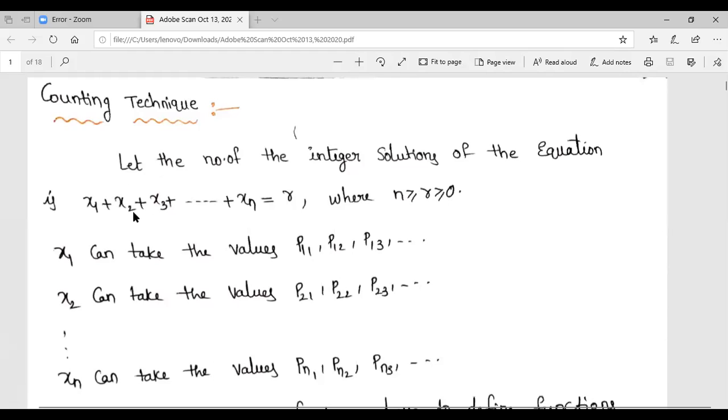Constraint means conditions. So x1 can take integer values based on the given constraints, x2 also can take integer values based on the given constraints, and so on. xn can take the values pn1, pn2, pn3 and so on.